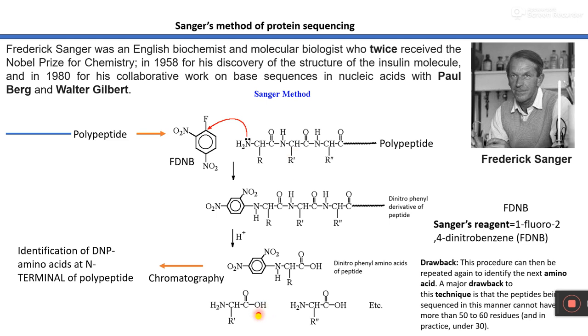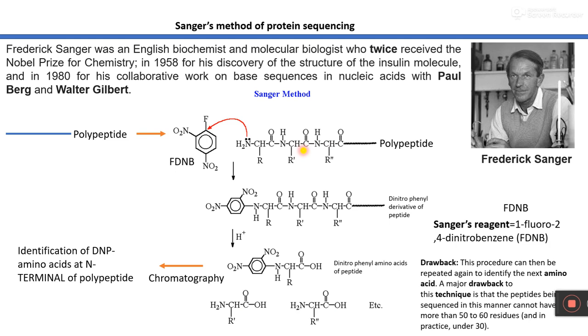And this DNP amino acid can be identified by chromatographic technique. So you will have to repeat the whole process for identifying the next amino acid in the peptide. The main drawback of this process is that you will have to repeat it again and again to know the complete sequence of a particular peptide or polypeptide, and the efficiency of this process is quite low.